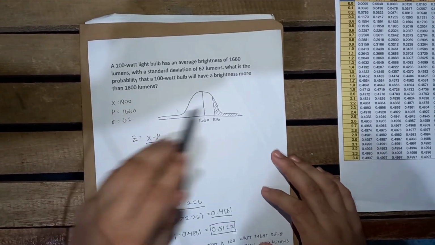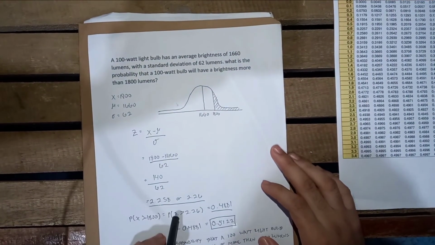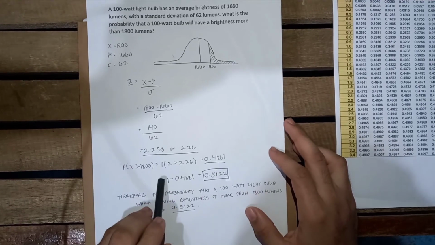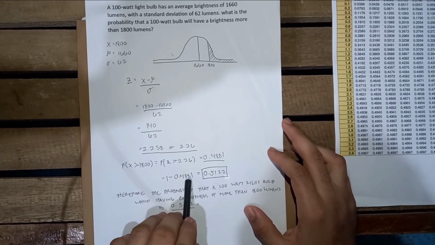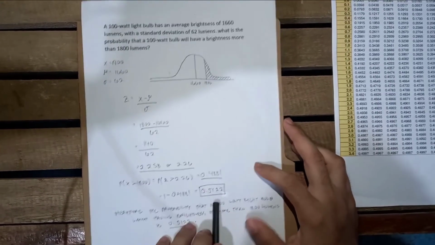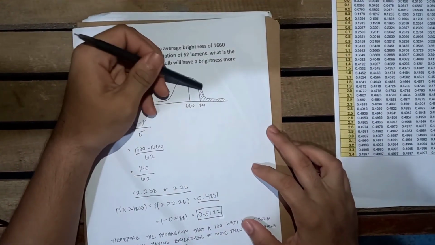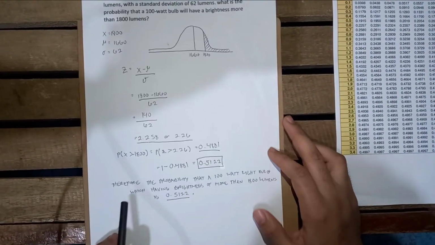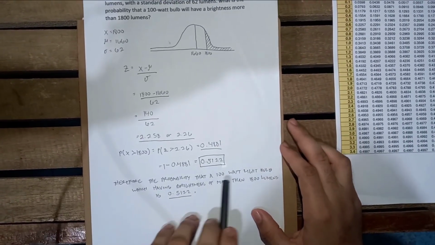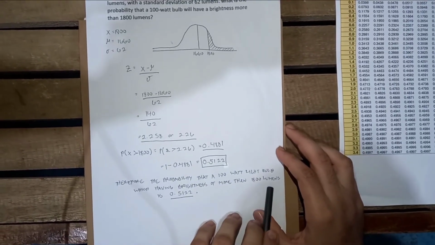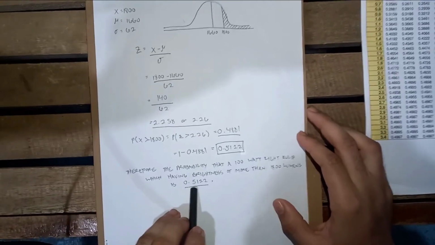So we subtract 0.4881 from 1. So 1 minus 0.4881 is equal to 0.5122. This is the area of more than 1800. Therefore, the probability that a 100-watt light bulb has a brightness of more than 1800 lumens is 0.5122.